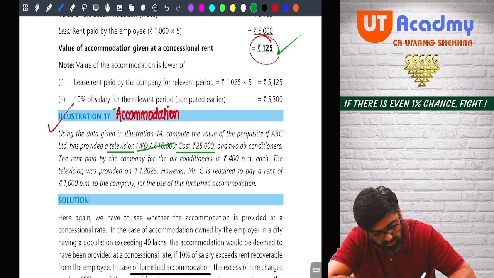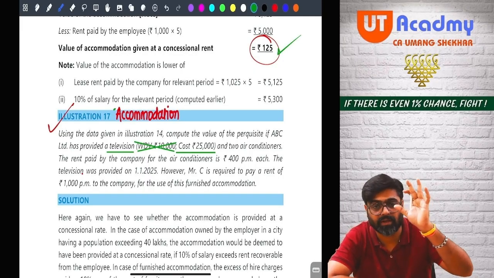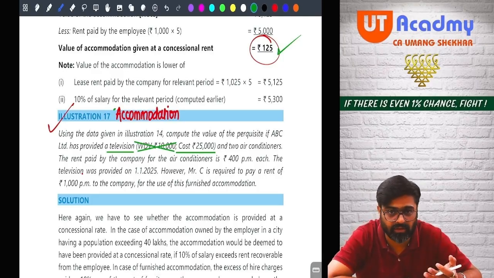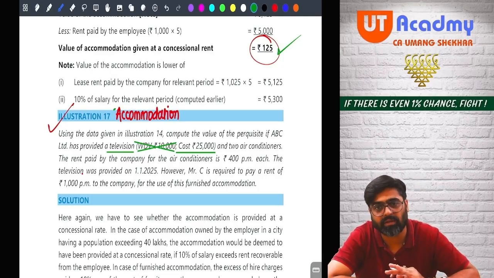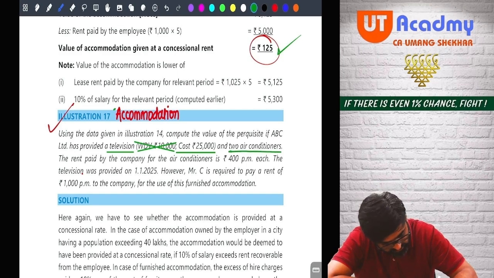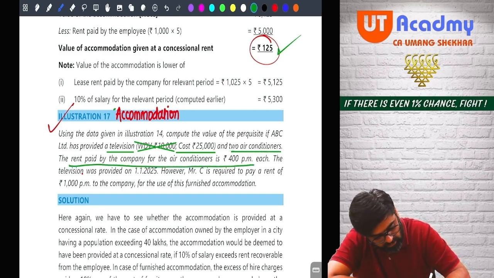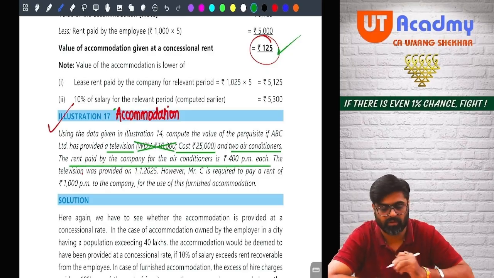If you take WDV, you are gone. We are supposed to take 10% of the actual cost of the furniture. Yes or no? So television is given. Actual cost of that television I have to see. Next one, and 2 air conditioners.